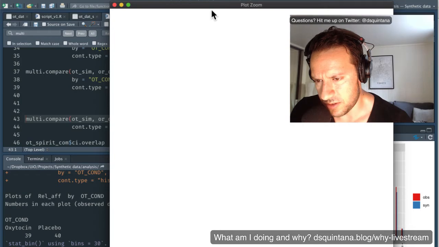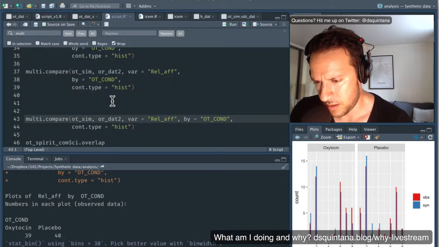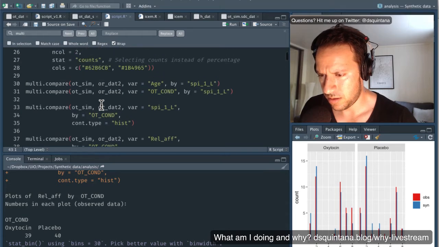And we can report these things too. These two things look similar. And then what does this do?